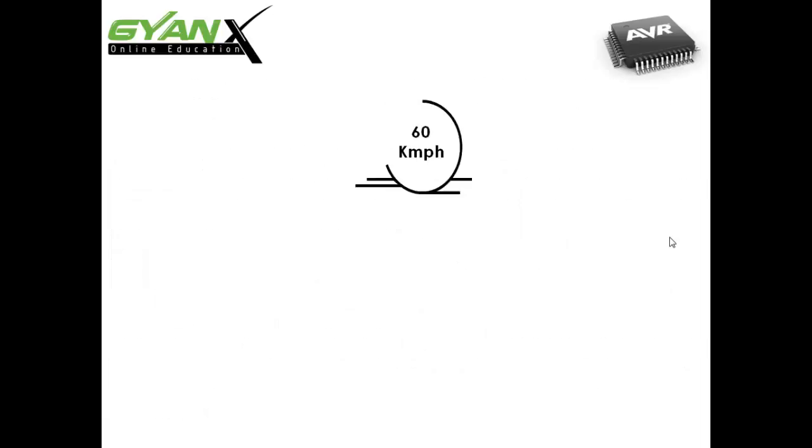For example, let's consider a stationary car. We are the driver of the car and we want to attain a speed of 60 kilometers per hour. Obviously, we cannot attain this speed instantly. We have to move from 0 to 60 kilometers per hour gradually, no matter how fast we accelerate.